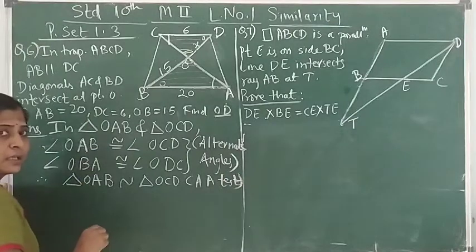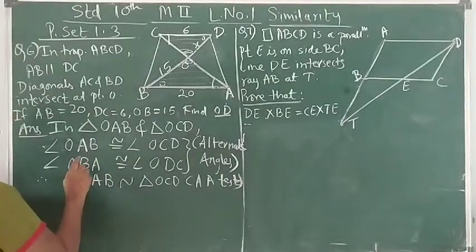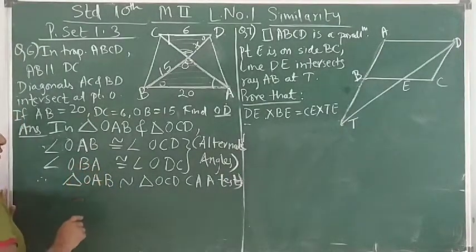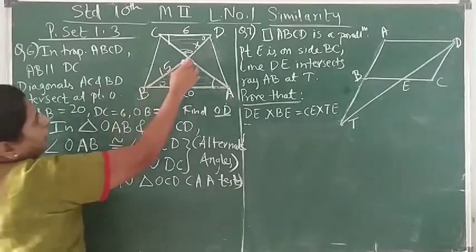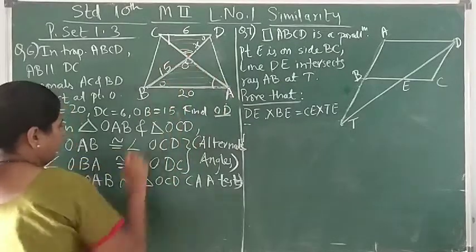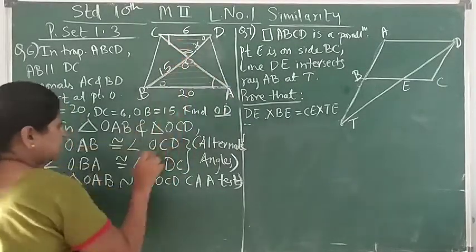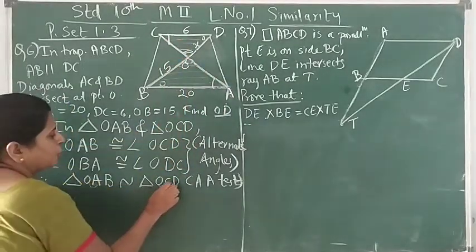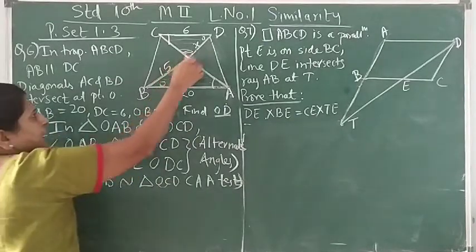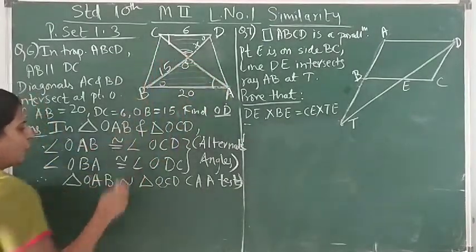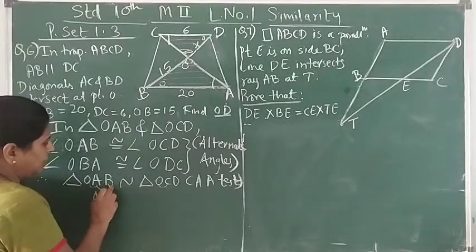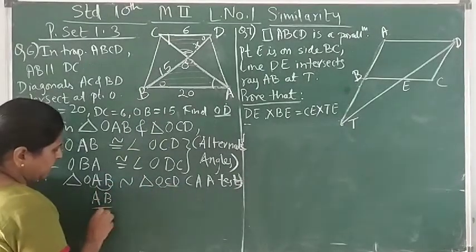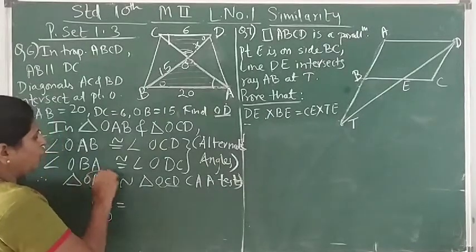So, when these two triangles are similar, we can take their corresponding sides. Now, we have three pairs of corresponding sides. Let's take the two which we want. OA is not given and we do not want OA upon OC. So skipping this first pair, because neither do we know OA nor do we want AC, let's take now AB, second and third letter, divided by CD, is equal to OB.